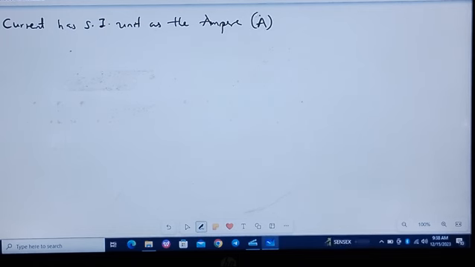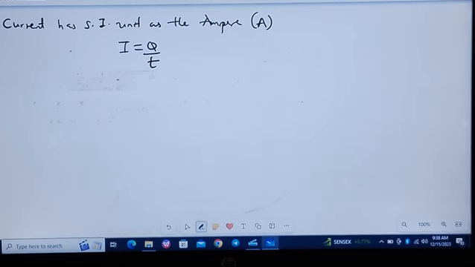So like I said, the SI unit for current is the ampere, abbreviated by capital letter A. So if we say that current I is equal to charge over time, the SI unit for current is ampere, that of charge is coulomb, and that of time is a second.